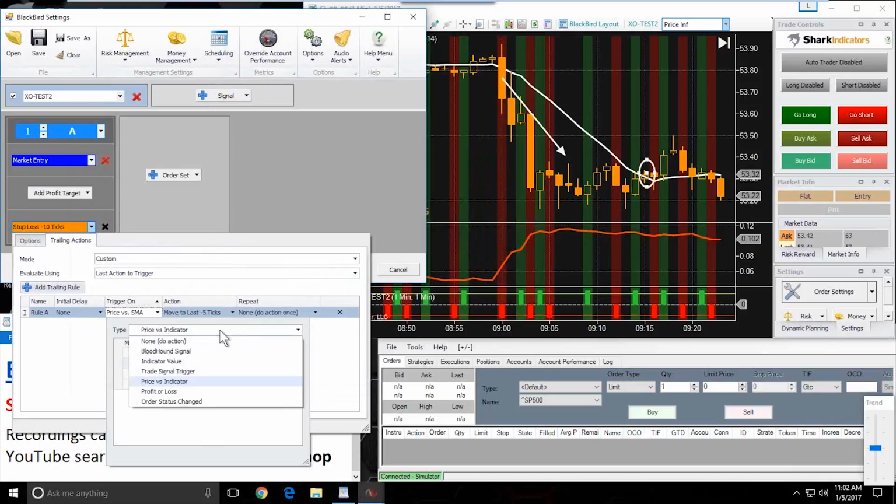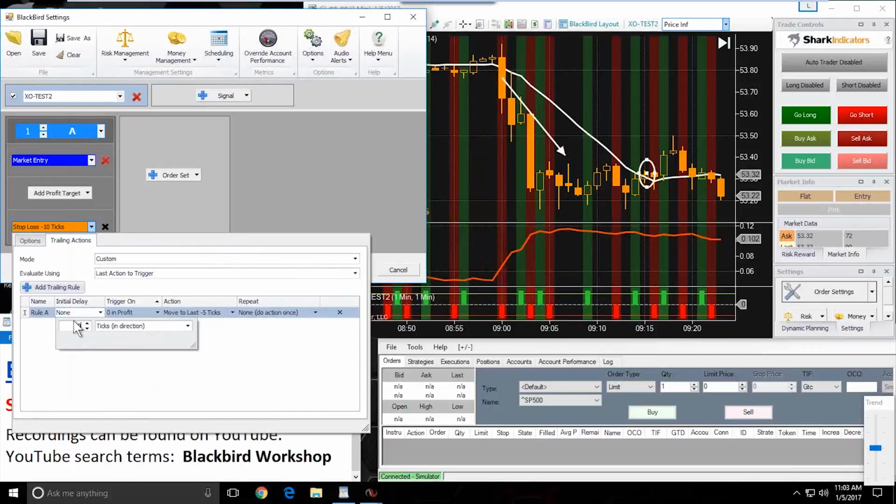All right, let me step on to the next one here. So profit or loss. You could look for a specific profit or loss as your triggering event. The profit or loss in the trigger is very similar to using the initial delay.